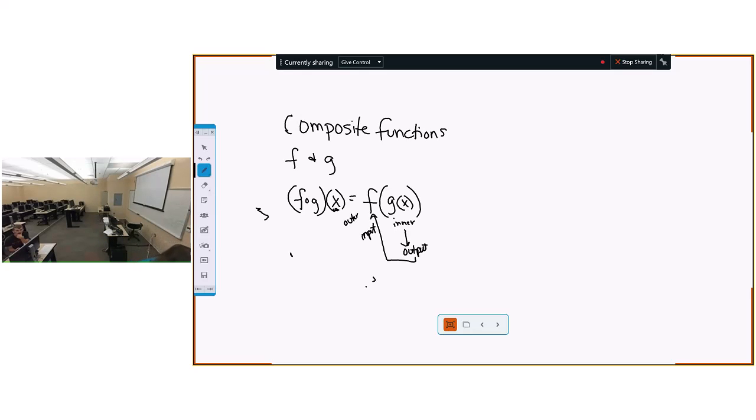Where x is the input, and we know that all x values are considered part of the domain. You determine what your domain is. And what you get when you put your input in, the output, is the range of the function.